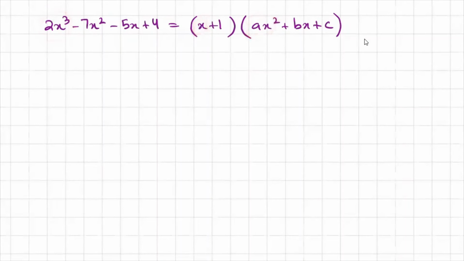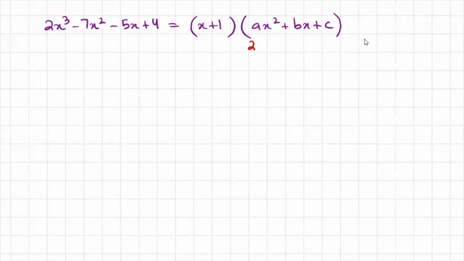I have a 2x cube, I have x over here, and I have ax squared. When I multiply them, I need to get 2x cube. What should A be? A should be a 2, so that when I multiply them I will get 2x cube over here. Alright, so I just found the value of A.